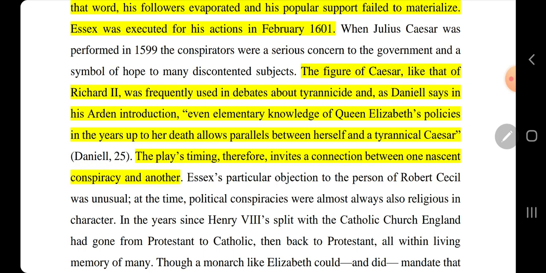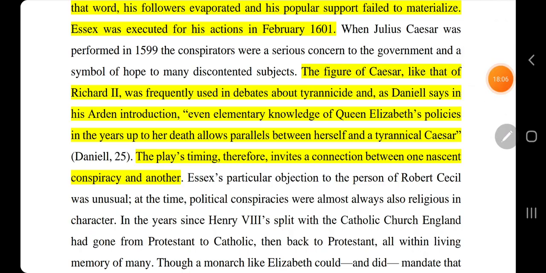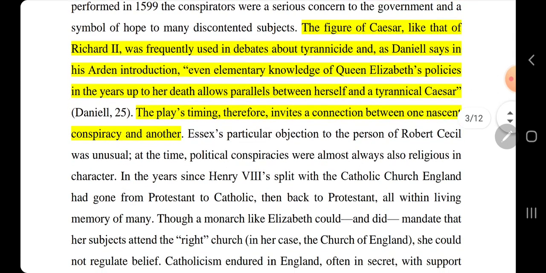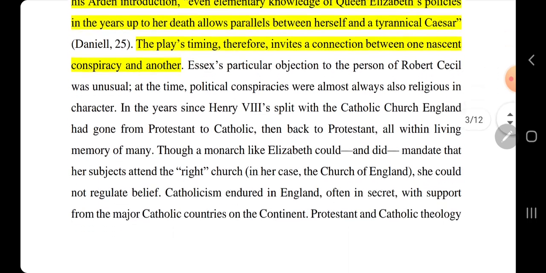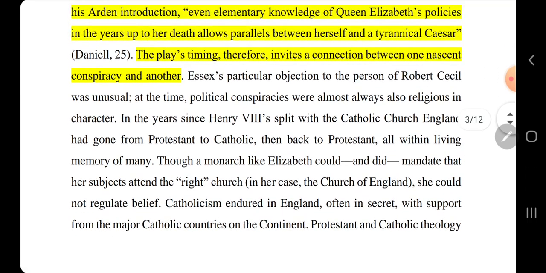So the play's timing therefore invites a connection between one nascent conspiracy and another. Do you see this, student? This is very important. There is a huge connection between the time of Queen Elizabeth and our play Julius Caesar.